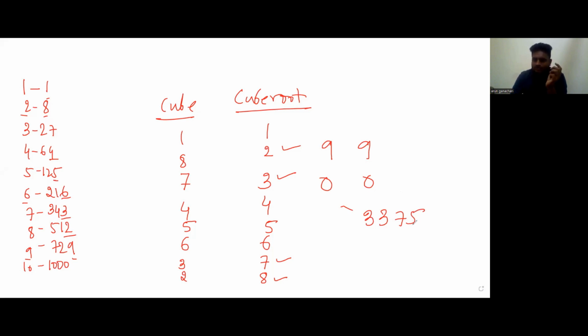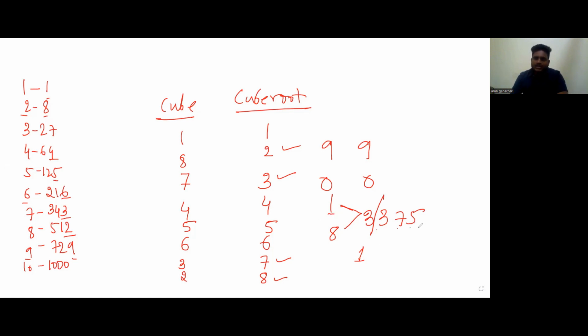What are my 3 digits? 3, 7, 5. I've drawn the line here. Now 3 is in between 1 and 8, so my first digit has to be 1, because we have to find the cube root of the first number.